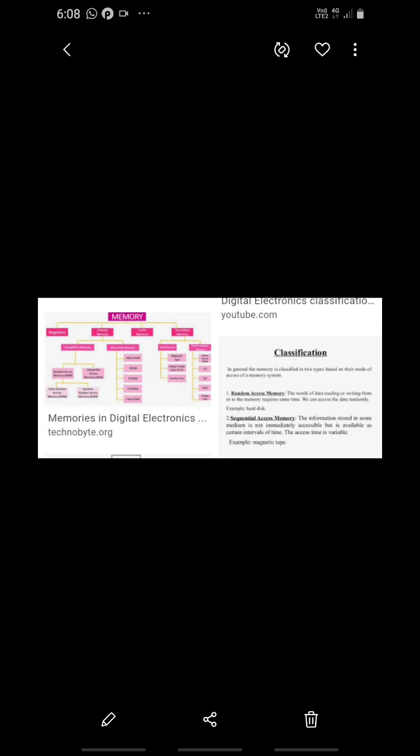Read or write memory: this is the memory in which we can read as well as write the data.